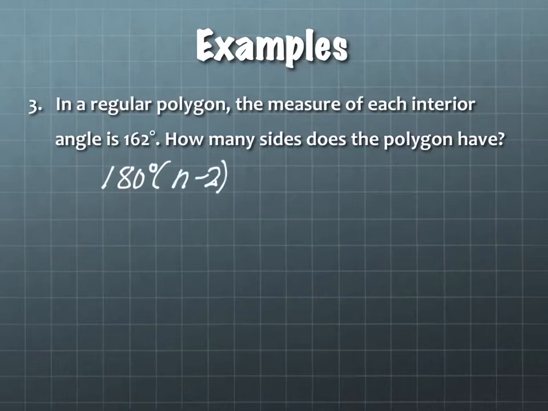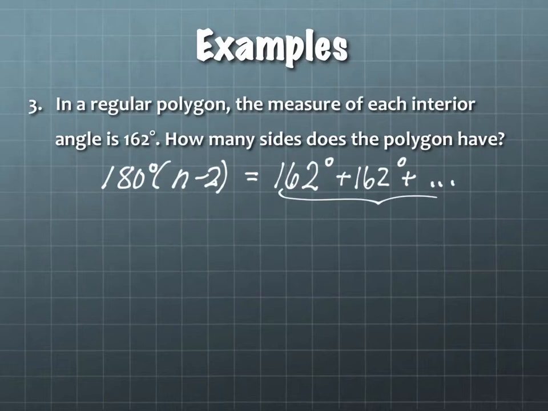We don't know n though, right? But whatever n is, if I had that 162 degrees added together n times, that would also be another way of talking about the angle sum inside my shape.